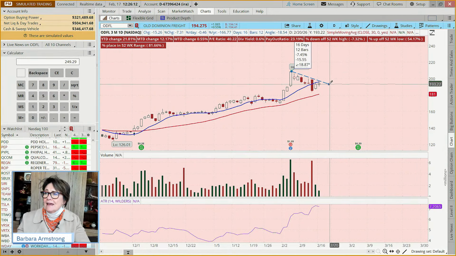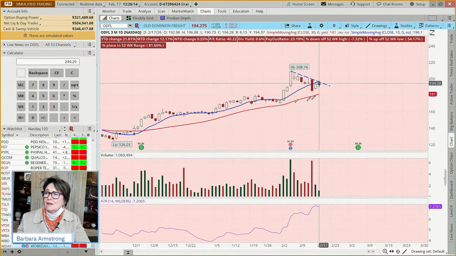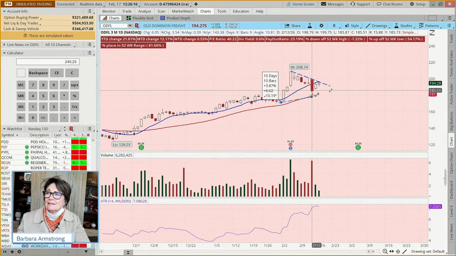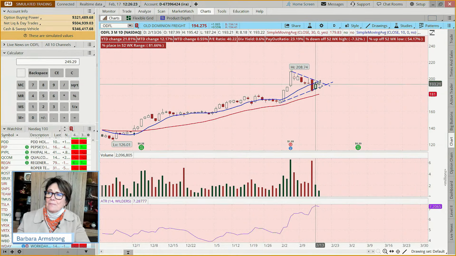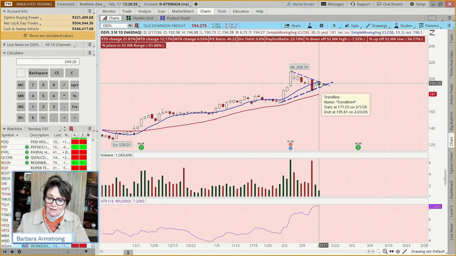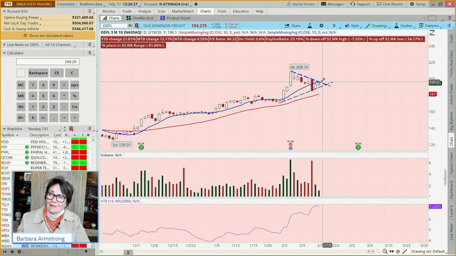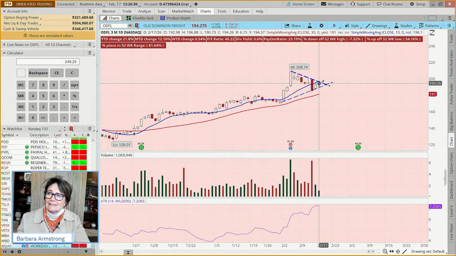And it doesn't mean that the uptrend is over, but it is pausing. And this is part of the transport sector. And so a patient trader might just say, I'm going to wait and just see.